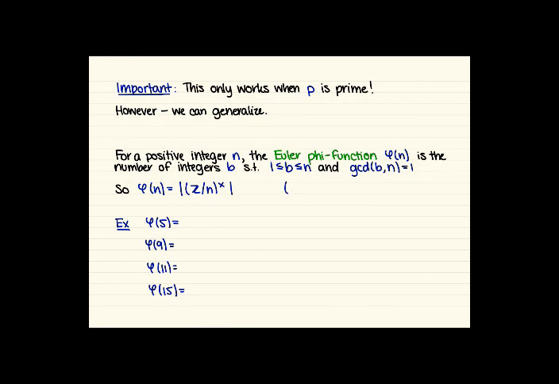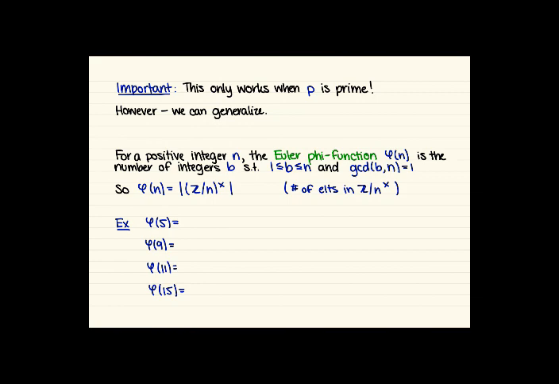So how many integers there are in Z mod n which have multiplicative inverses.